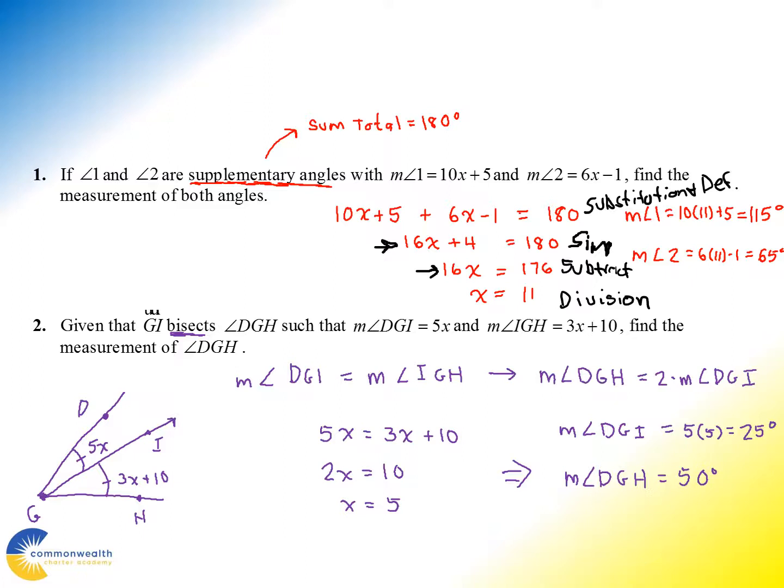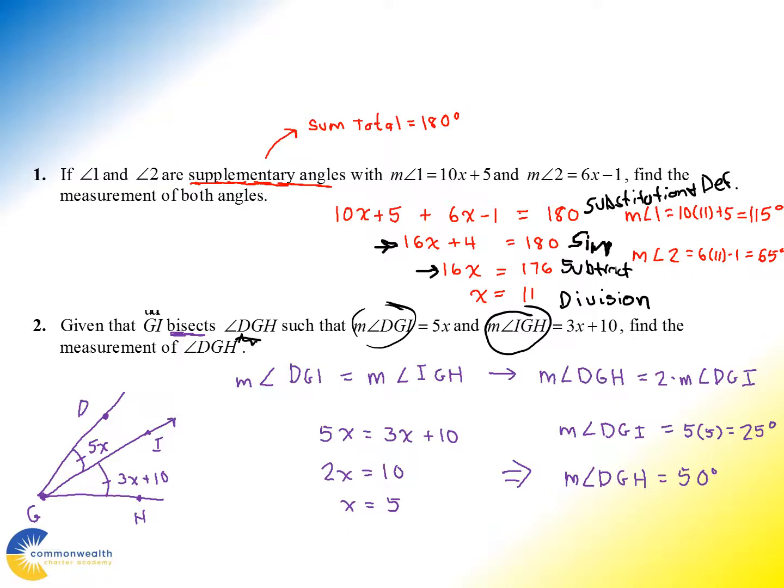So when I look at this, DGH is the original angle. These two angles here, DGI and IGH, should be equal in measurement to each other. Or I could say that DGH is twice the measurement of one of those two angles.